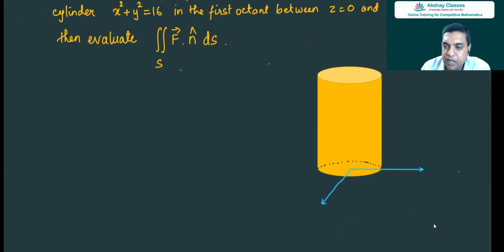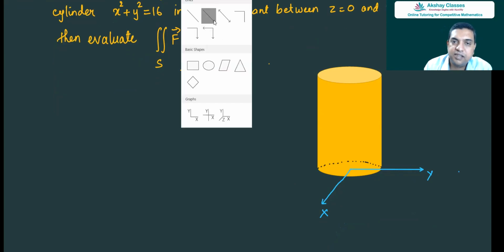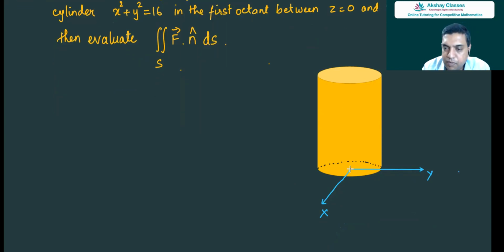So this is the x-axis, y-axis, and according to the right hand thumb rule, the z-axis will be up. This passes through the center.